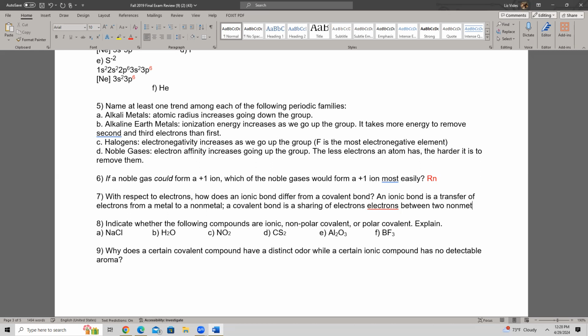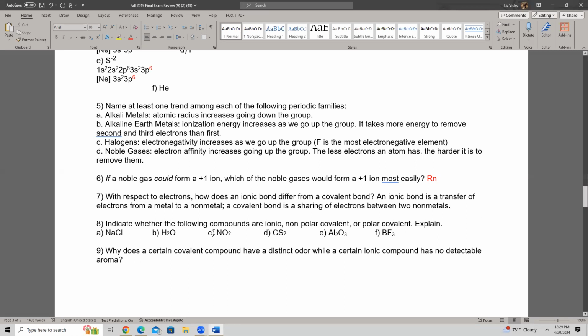Does that make sense? So they are totally different because one is a total transfer and it's between two different types of elements, than a covalent, which is a sharing.